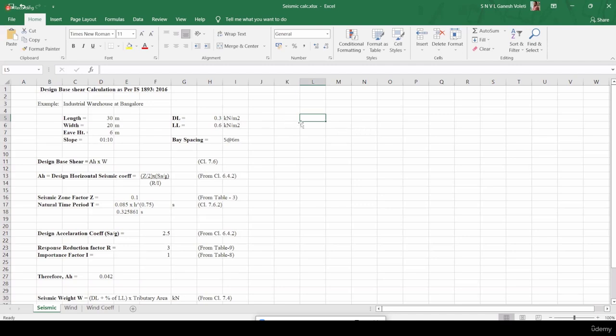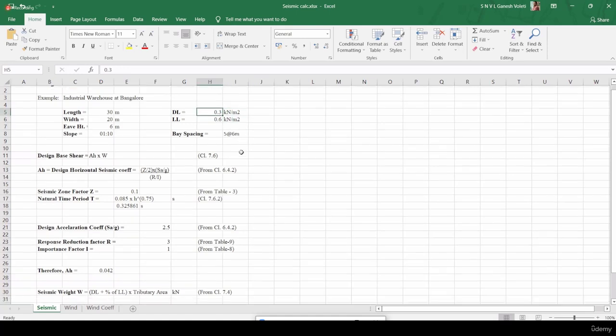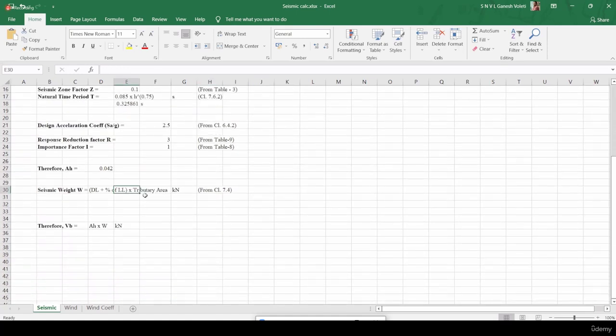If the unit is kilonewton per meter, we can call it a uniformly distributed load or uniformly varying load depending upon the situation. And kilonewton per meter square loads, we call areal loads. So that's why I have provided a tributary area, because the seismic weight should be in kilonewtons only.